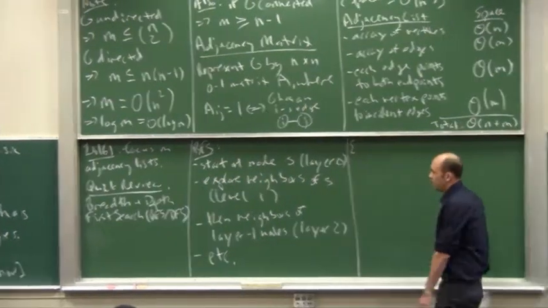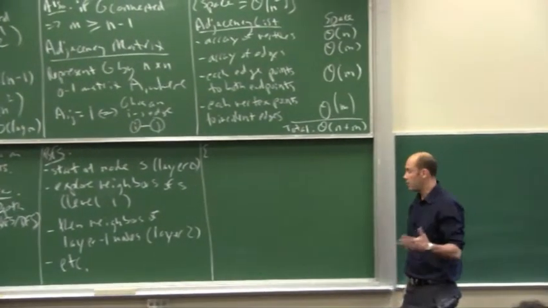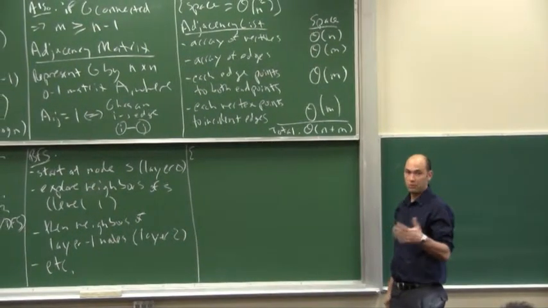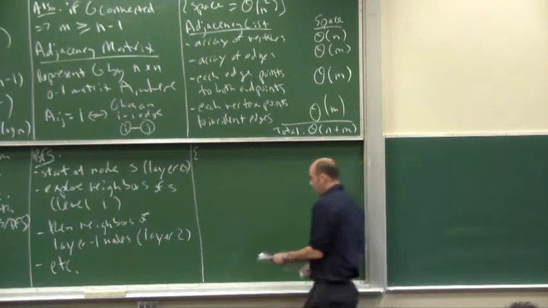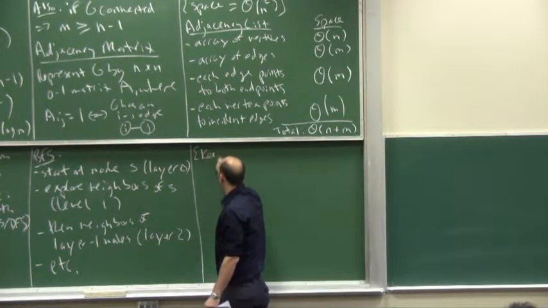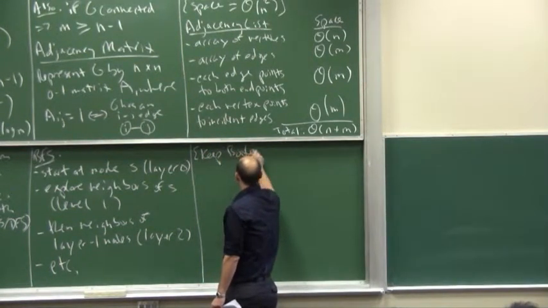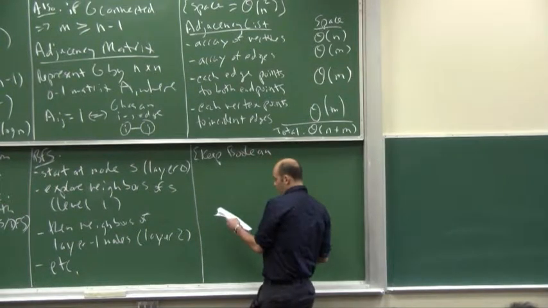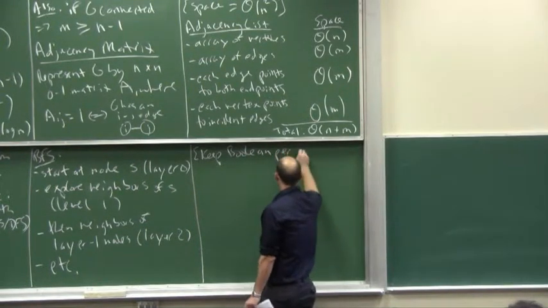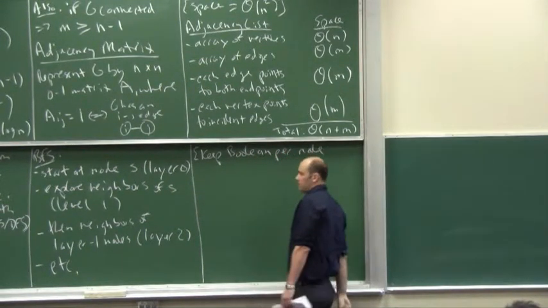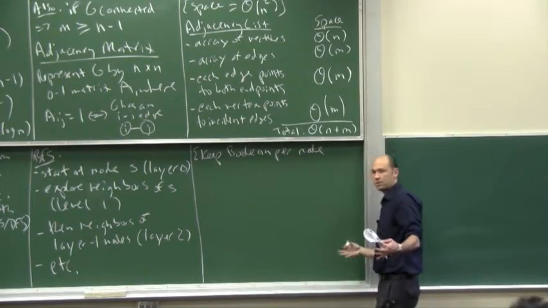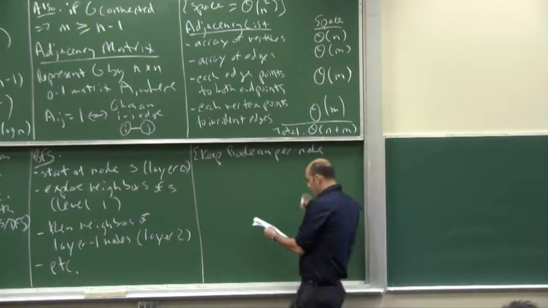Now, of course, important for a linear running time would be to not keep exploring the same node redundantly over and over again. And we prevent that in the obvious way. You just keep a Boolean variable for each node, initially set to false. We haven't explored it yet, and as soon as you explore it, you set it to true.